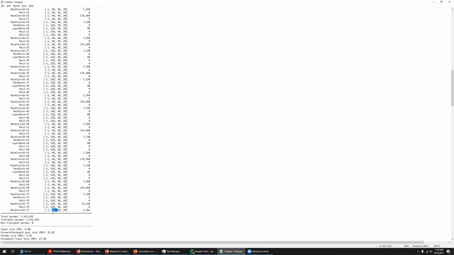So 12 because we have 3 channels and there are 4 possible colors for each channel. So there's 12 probabilities to choose from. Right, so before it was just 2 because we just have binary.